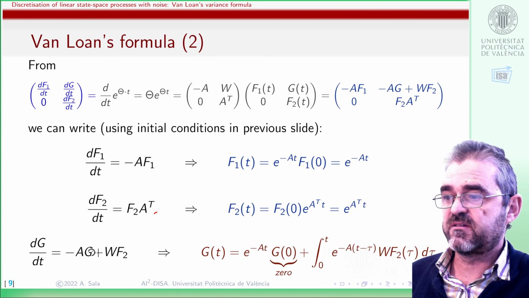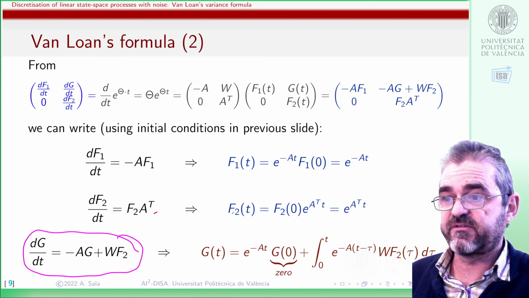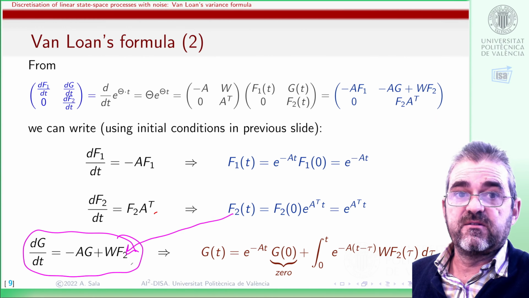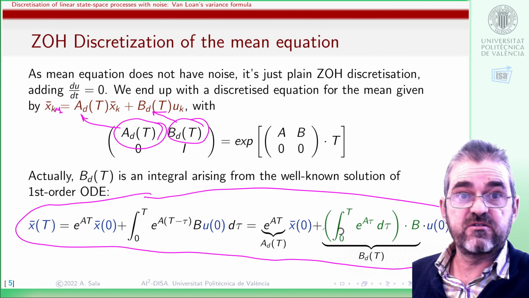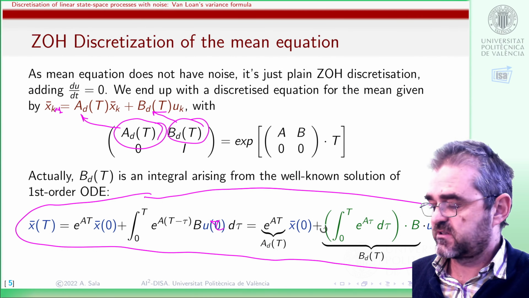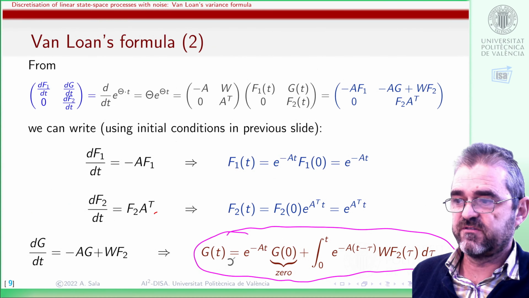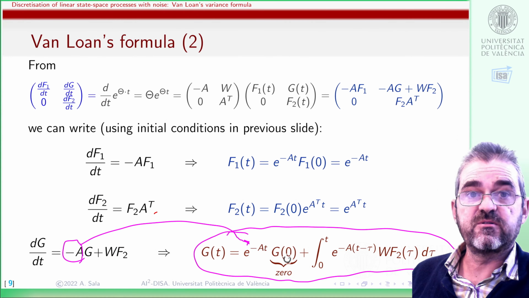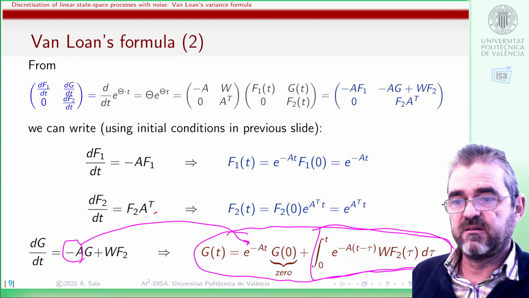Next, what happens with g? In this case, this is like a first order system with a known input. Indeed, once I know the solution of f2, I can plug it here so that its solution will be a minor variation of this kind of exponentials. In here I will have u of tau, but this is textbook stuff of first order linear equations. So this is the solution g of t, the exponential of this matrix times the initial condition, that would be the free response, and the forced response will be this element here.